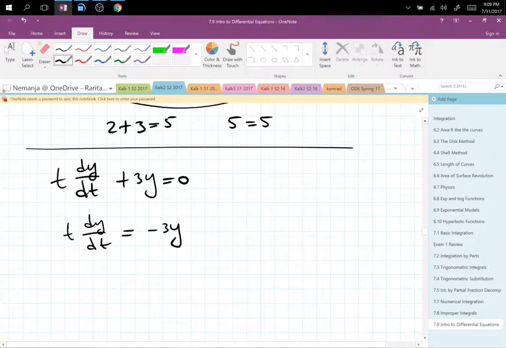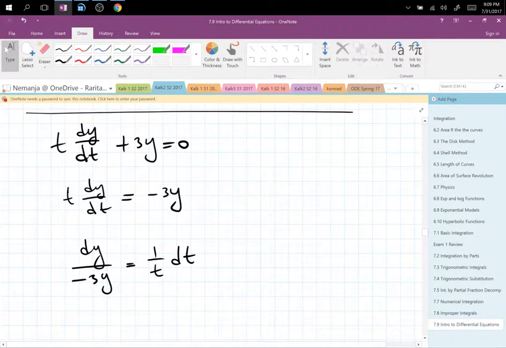And then I'm going to move t and dt and move 3y. Yes, it is. It was separable. Separable differential equations will be very rare when you take differential equation class, right? It's going to be very rare.